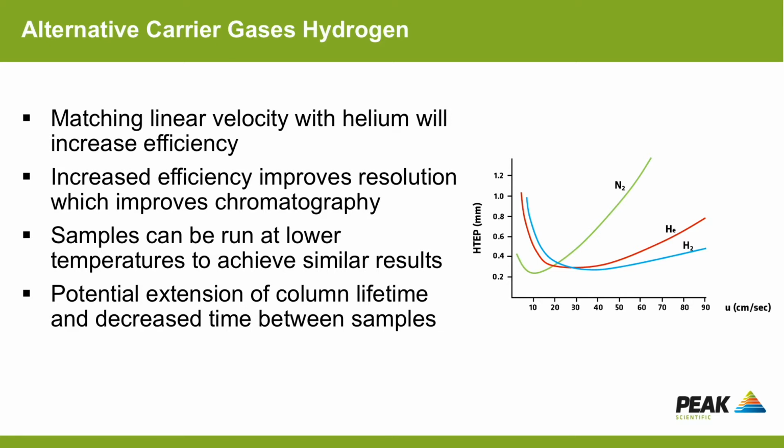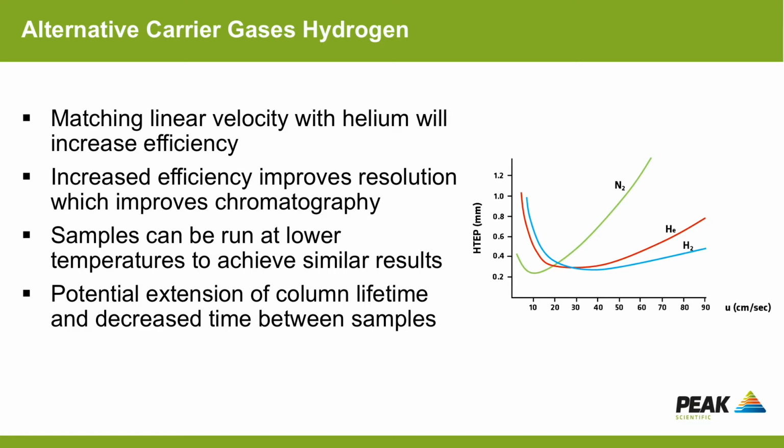And with hydrogen, in comparison to helium, you can see that as we speed up the flow of gas through the column, the loss of sensitivity is not as great as we see for helium, and this is why hydrogen is referred to as a fast carrier gas, because it has a large range of flow rates across which it can separate samples very well.